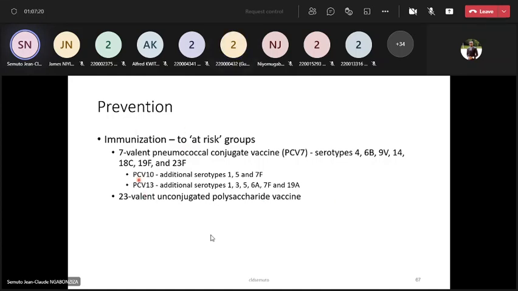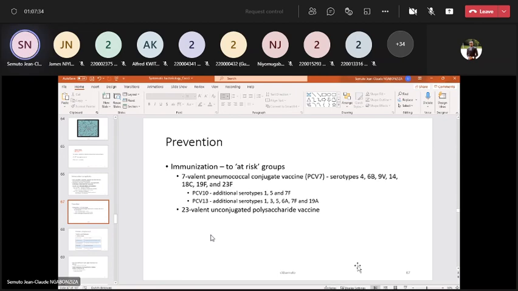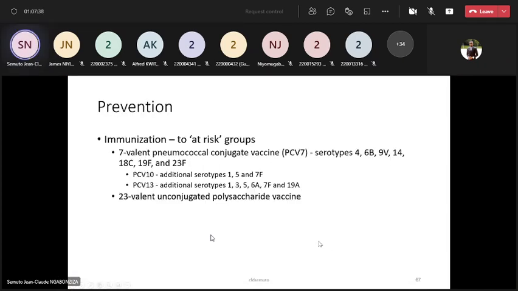You can use this kind of vaccine to prevent meningitis, especially in case of an epidemic of meningitis driven by Streptococcus pneumoniae. Any question?